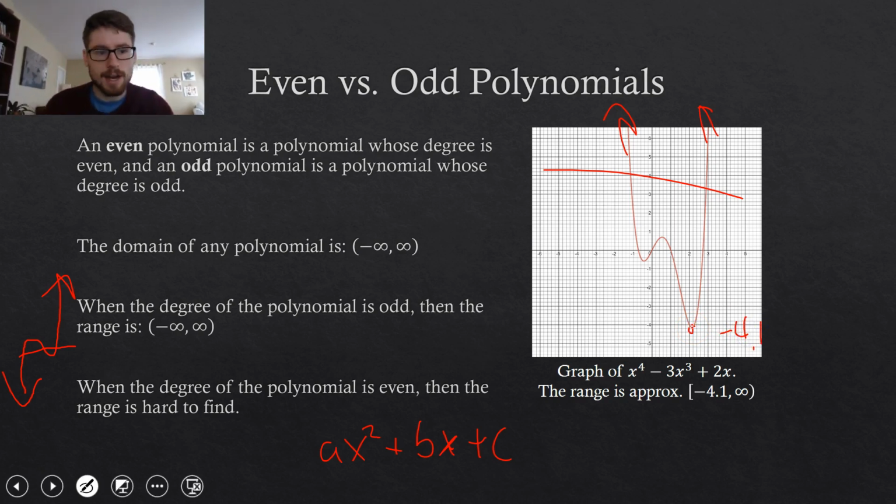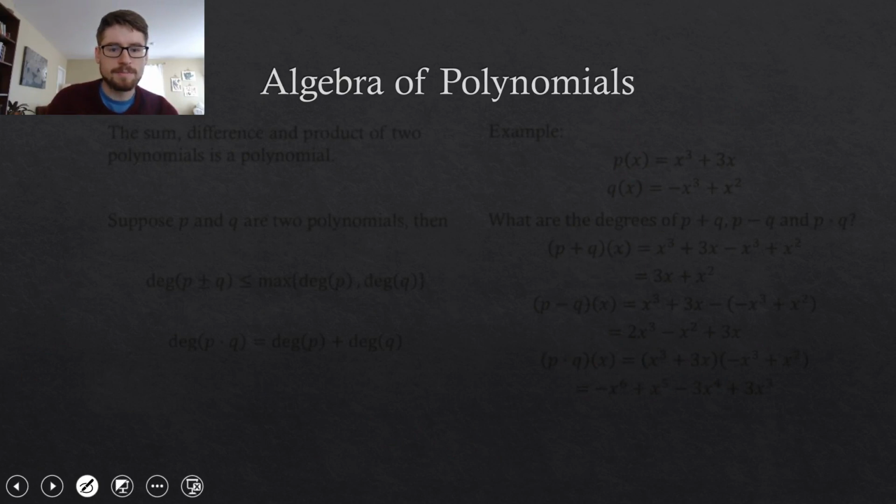And that's the lowest value, assuming it doesn't do any weird stuff like dipping back down outside of our picture, assuming it just keeps going up. Then that's our lowest value, negative 4.1, and it's going to just go up from there. So we're going to have numbers that are above negative 4.1. But that's hard to find unless you had a graph and you can inspect it.